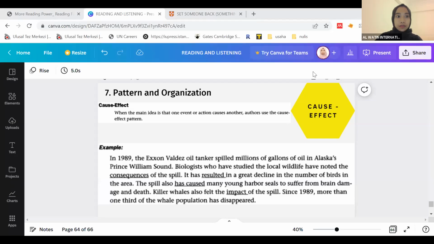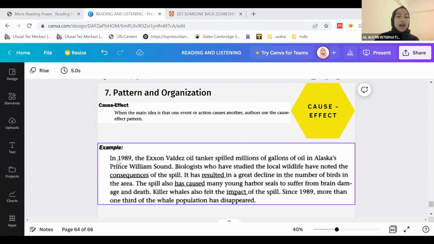Let's see. So yes, this one, the last pattern is the example of cause and effect. Here is the example, let's read it. In 1989, the Exxon Valdez oil tanker spilled millions of gallons of oil in Alaska's Prince William Sound.